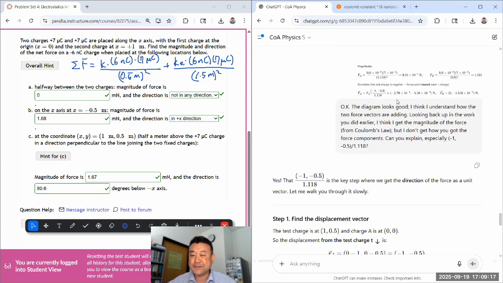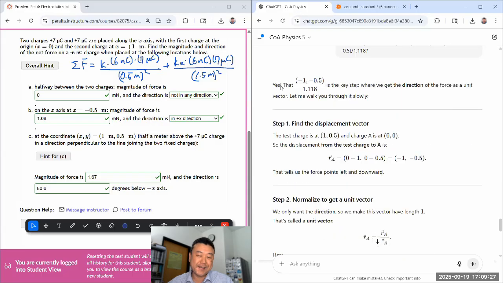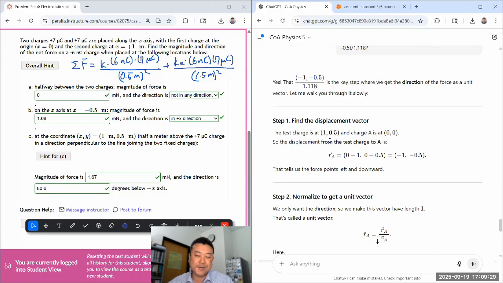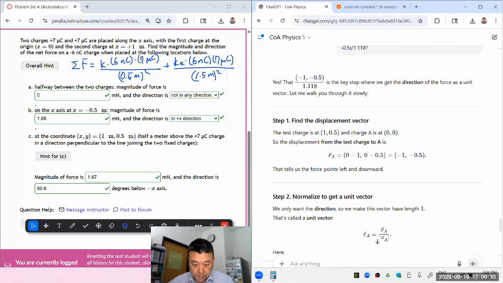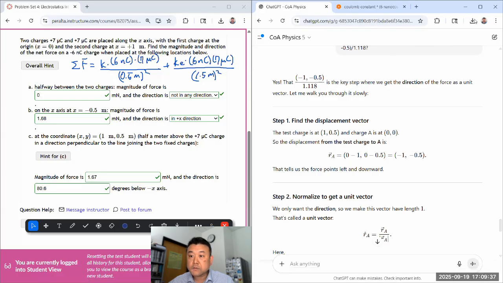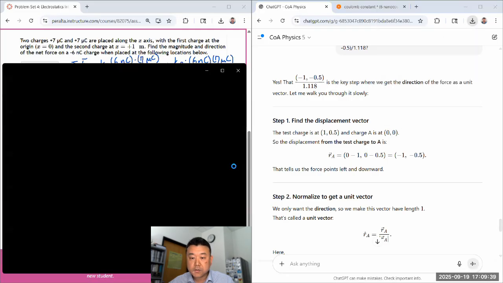Yeah. So if you see me do something like this and it doesn't make sense to you, I didn't explain it. I said, pause the video, work it out on your own, make sure you agree with me. And if you don't, you can ask ChatGPT what the detailed steps are. So here, I think we can use the figure here.